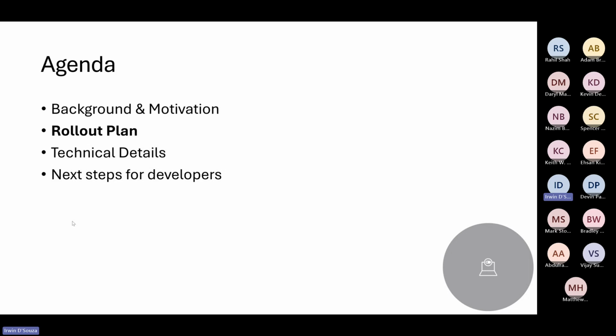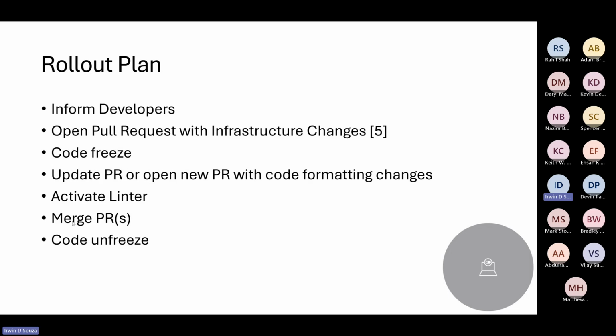So the rollout plan. Essentially what we're going to do is inform developers, which is what's happening in this forum, and possibly also a mailing list email and wherever else we feel is appropriate, and downstream projects as well. I'm going to open a pull request. It's already open. Links are at the end of this presentation, so I'll make the presentation available and you can find the links.